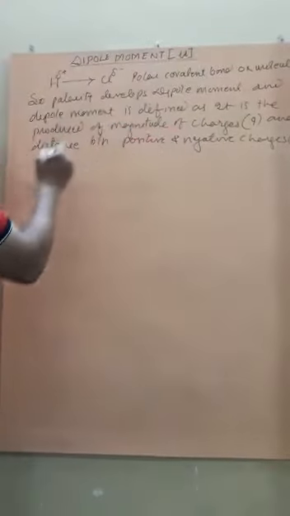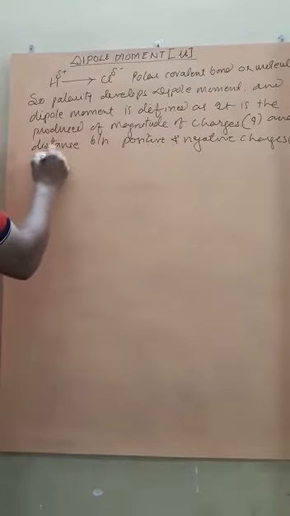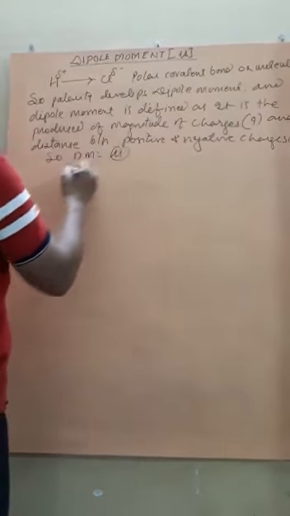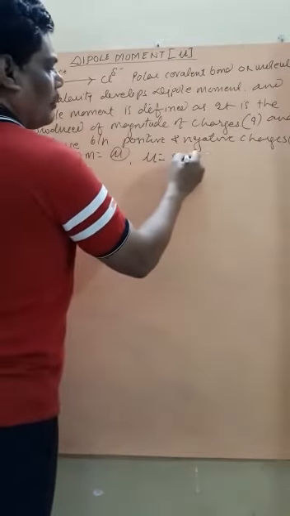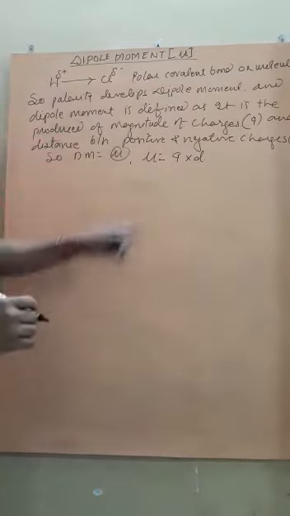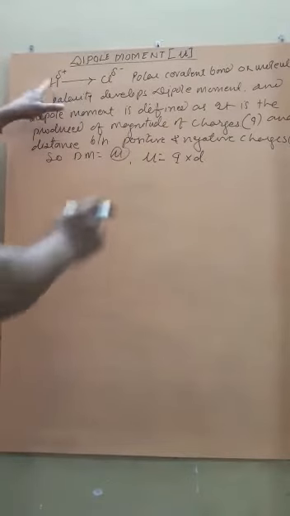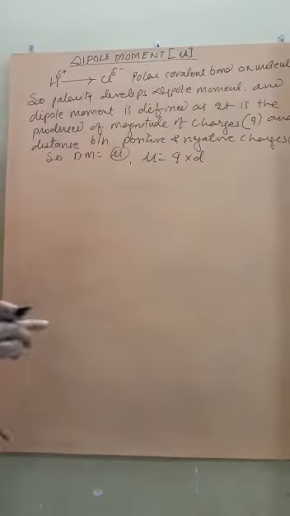Suppose this is called D. So the dipole moment, which is given by mu, is equal to Q multiplied by D. What is Q here? The magnitude of charges. And what is D here? The distance between the two charges.